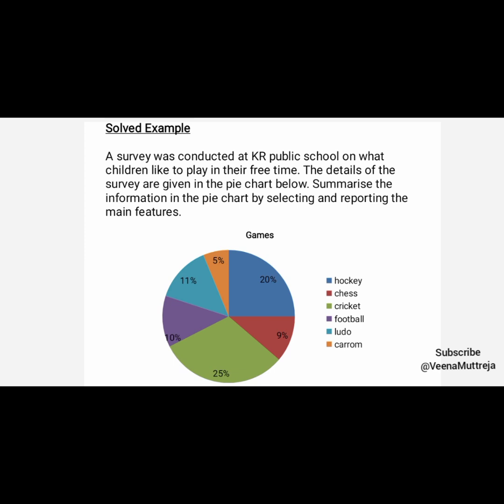Names of some of the games are given, and according to that survey, the percentage of children is given according to their liking. You are to study this pie chart and then write the details. Here you can see liking of children: hockey 20%, chess 9%, cricket 25%, football 10%, ludo 11%, carom 5%. Data is with you. Let us start writing the paragraph.